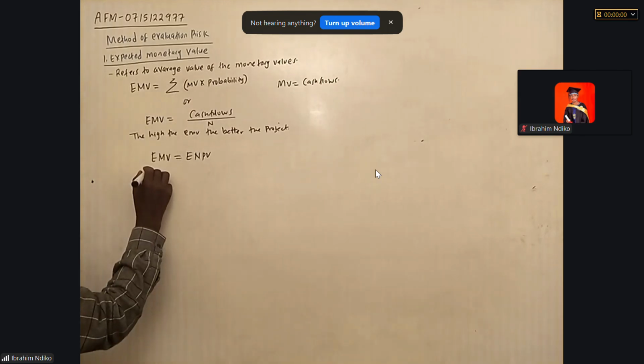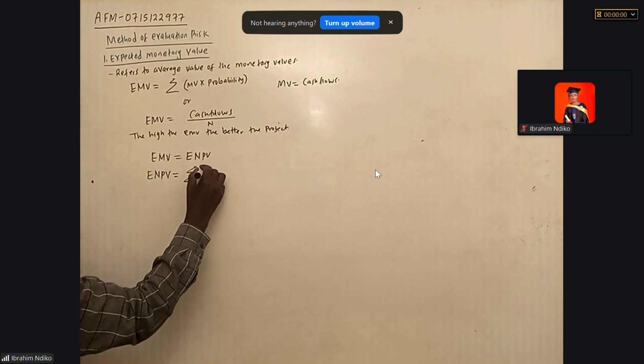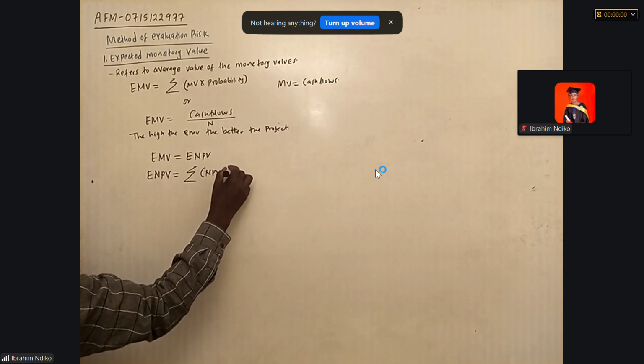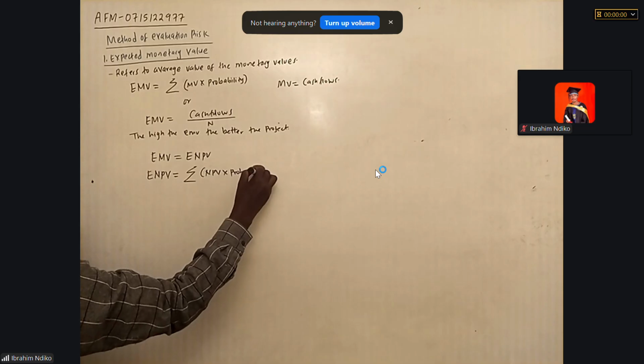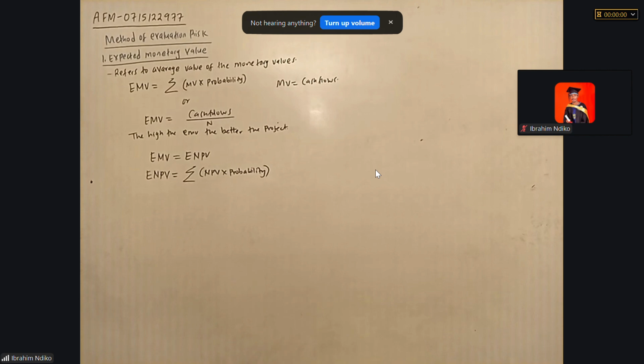Using this method, expected net present value is equal to the summation of the NPV times probability. Expected net present value is the same as saying expected monetary value because it's the benefit. They can use the word monetary value, or they can use the word present value. Whichever term they decide to use, that is the formula.